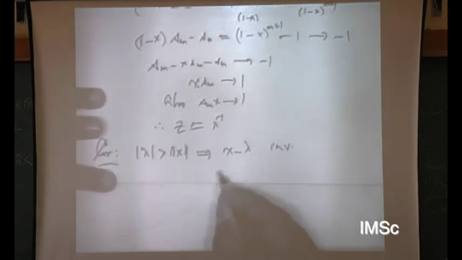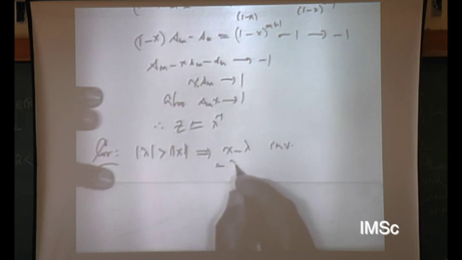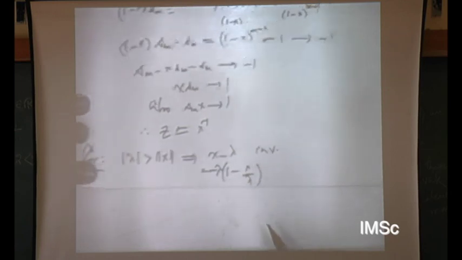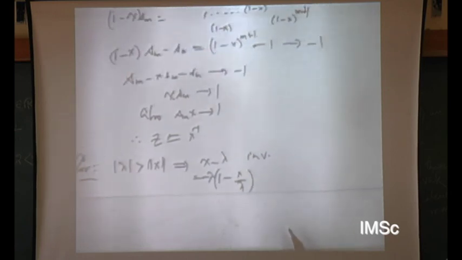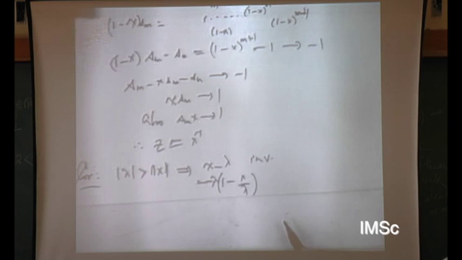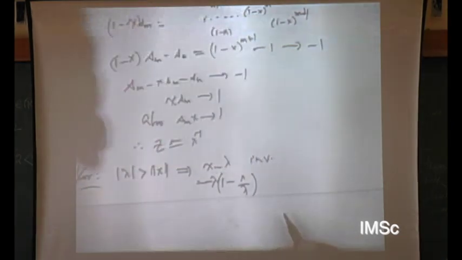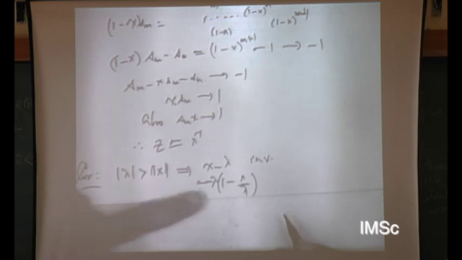Because you can write this as minus lambda times 1 minus x over lambda. And by what you've seen before, the norm of x over lambda is smaller than 1. This lambda is after all a non-zero constant, so the whole thing will be invertible.